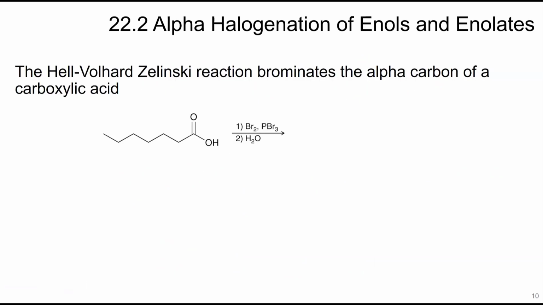The Hell-Volhard-Zelinsky reaction can brominate the alpha carbon of a carboxylic acid. So this works with the carboxylic acid, and it's the position that is alpha. So at 90% yield, we will brominate at the alpha position to the carbonyl. This requires Br2 and PBr3.